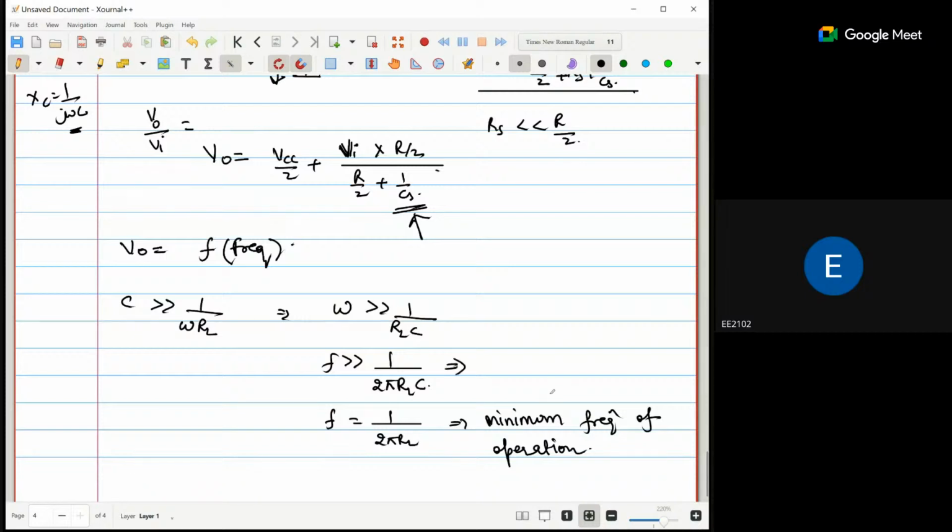That is the condition that F should be greater than 1 upon 2 pi RL C, but the minimum condition is that F is equal to 1 upon 2 pi RL times C. So this is the minimum condition for calculating the input signal frequency. So this is the AC coupling.